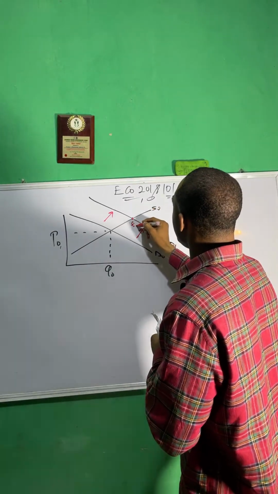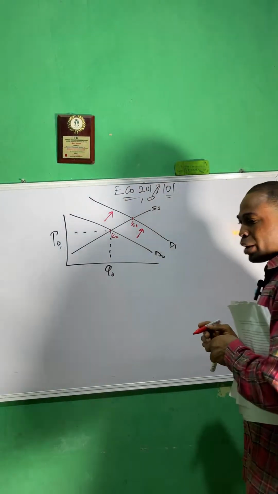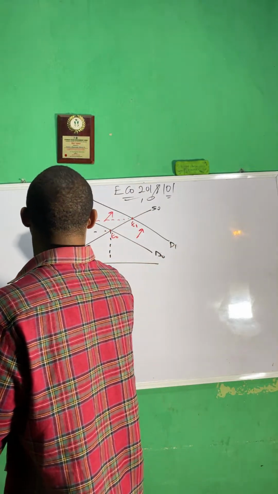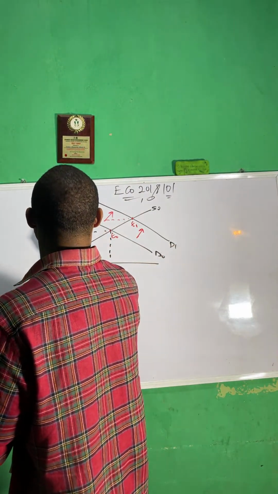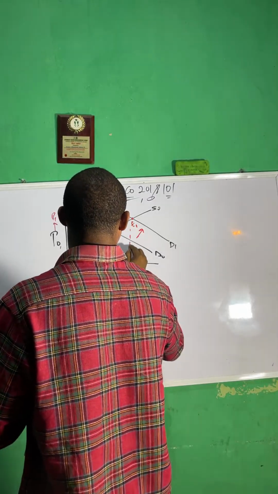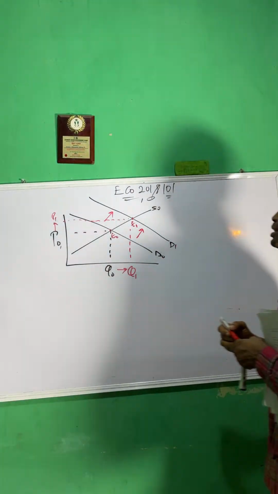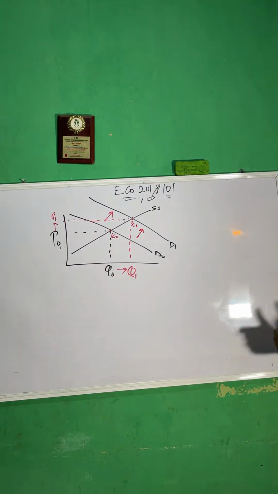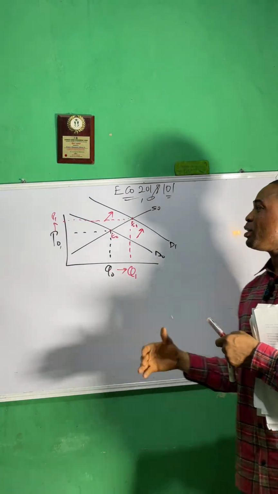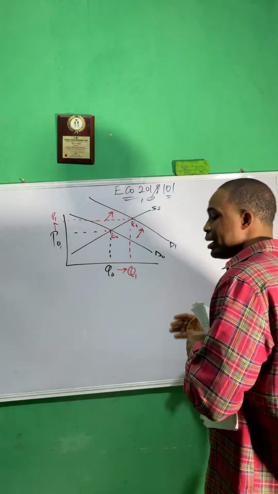This one will now be E1, equilibrium 1, and this will be the initial equilibrium. If you have this situation, that's a change in equilibrium. It's going to lead to an increase in price, P1, and an increase in quantity, Q1. This is the implication of an increase in demand when supply remains constant.